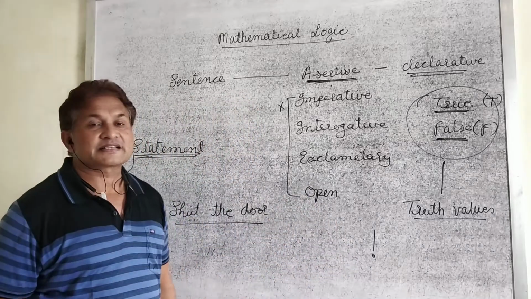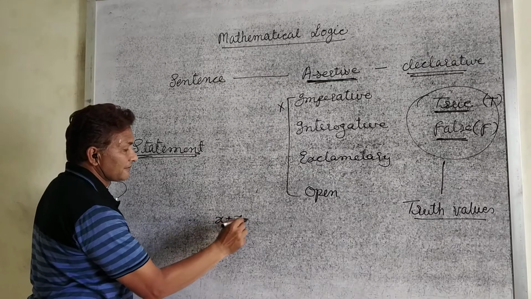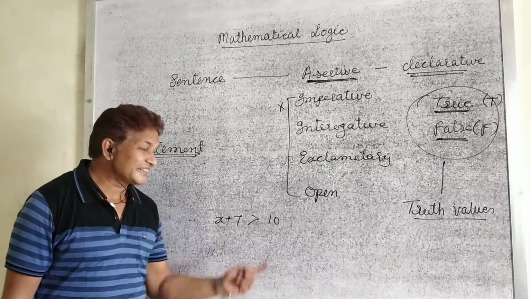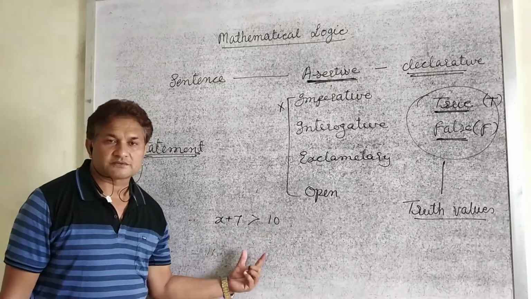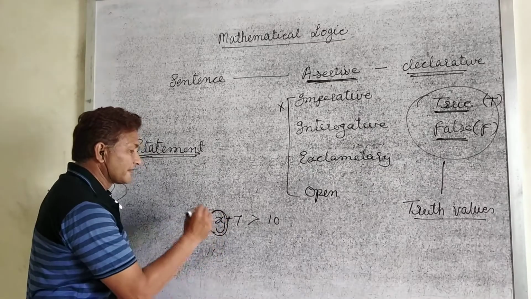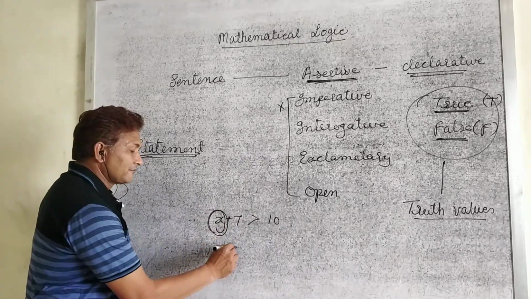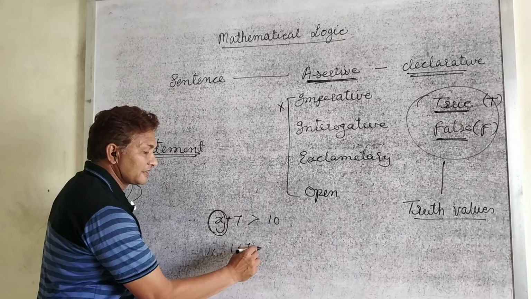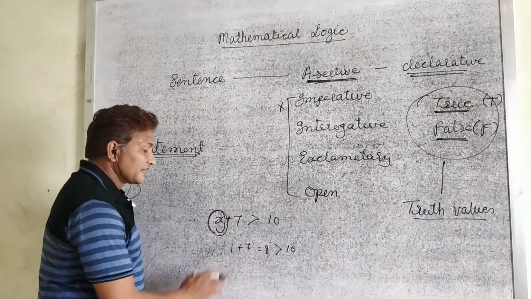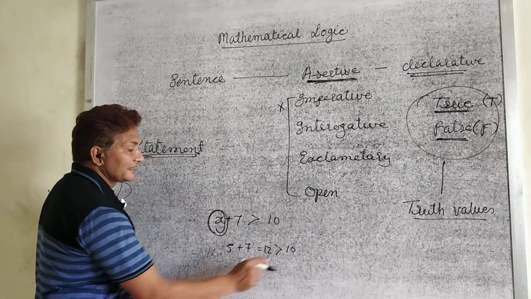Now what are open sentences? Open sentences are in the form x plus 7 greater than 10. In this sentence, is it true or false? We cannot draw the conclusion because it depends upon the variable x. If we consider x has value 1, then we get x plus 7 equal to 8, which is not greater than 10, so it is false. If we consider 5, then we get 12, and 12 is greater than 10.